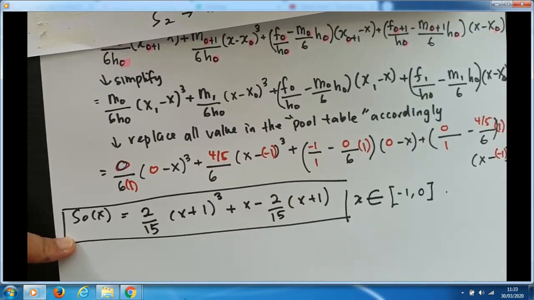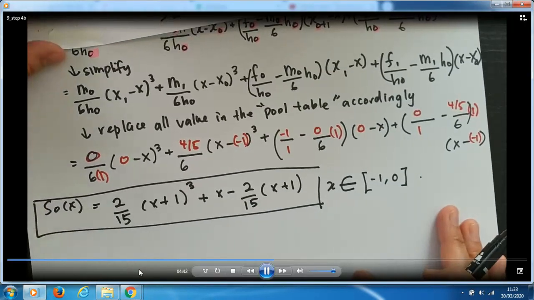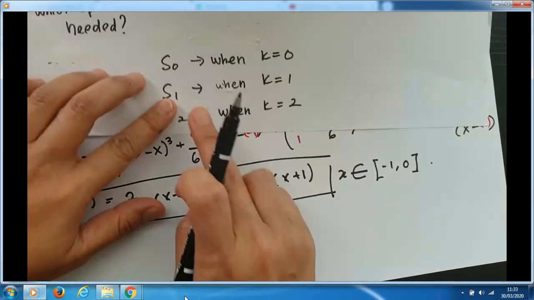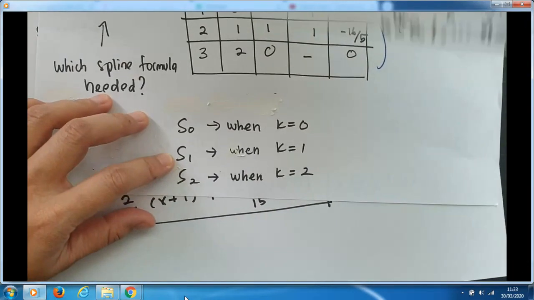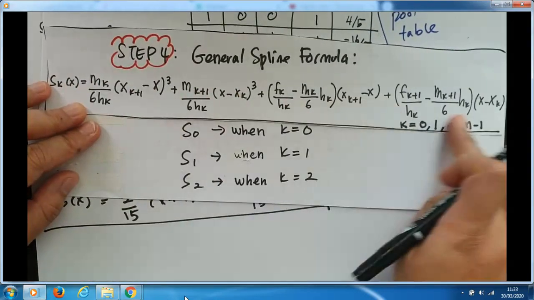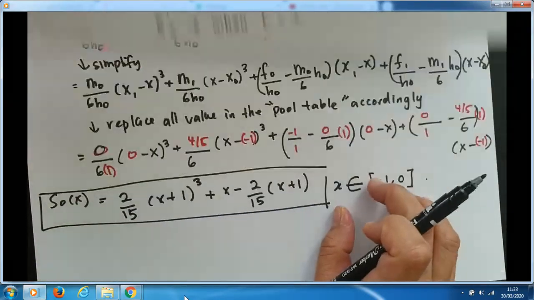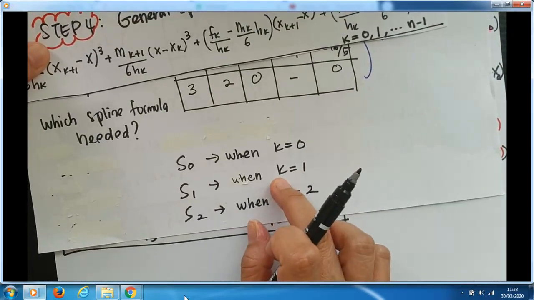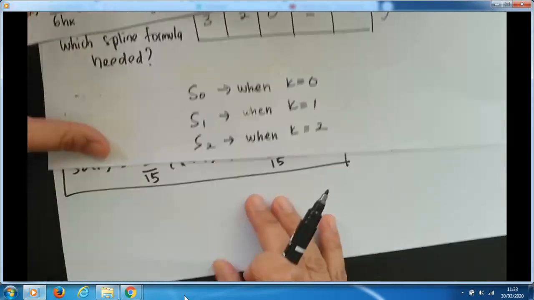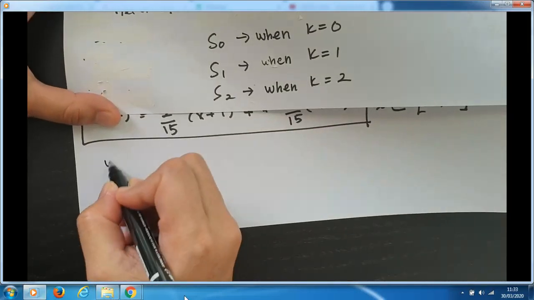Okay. And then you will do the same for the second spline S1 using the same method. Use this general spline formula and substitute, but this time you have to replace the k value equal to 1. So what do you have to do?